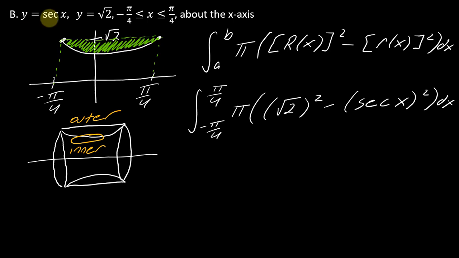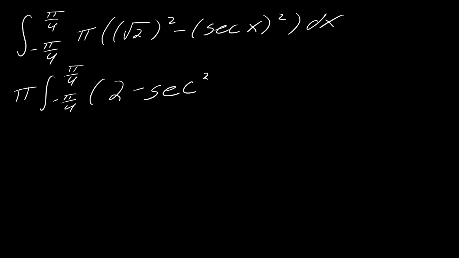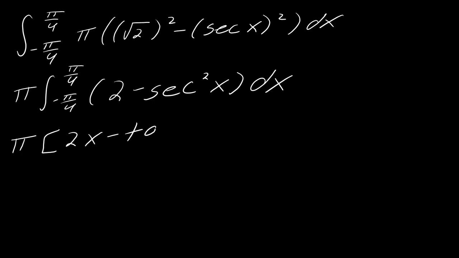Okay, so let's make some room. If I go ahead and simplify now, this is just going to be 2 minus secant squared x. And so when I integrate that, that's 2x minus tangent x.